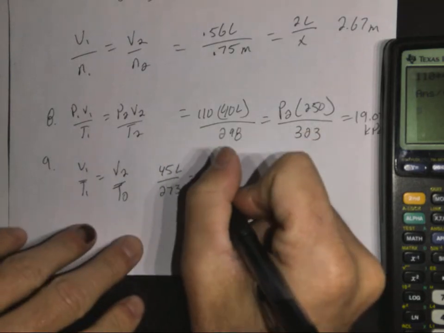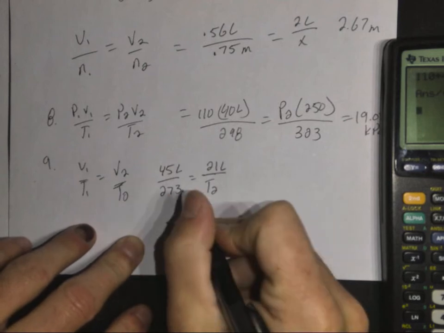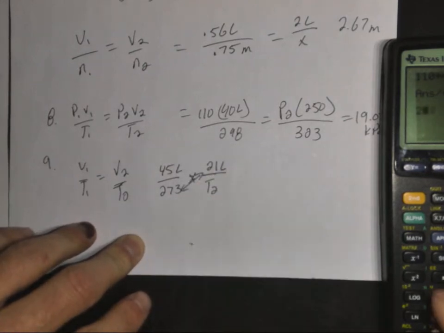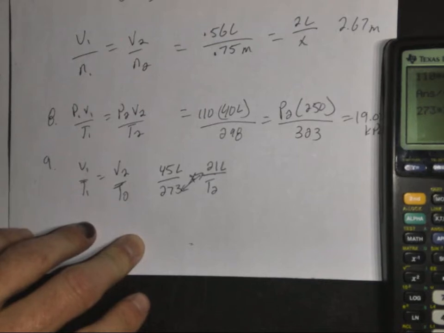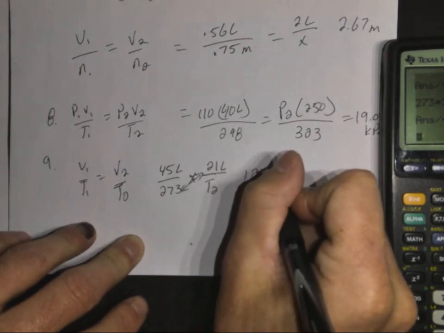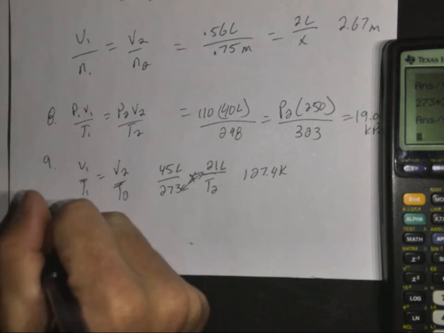Our new volume is 21 liters. So we do 273 times 21, and then divide that by 45. And you should get 127.4 Kelvin.